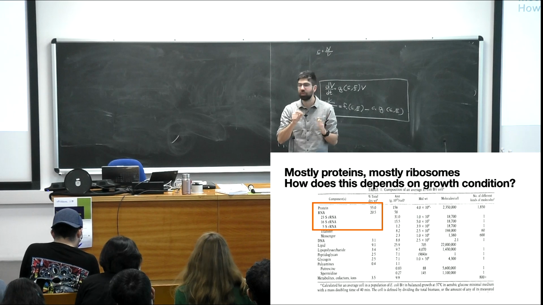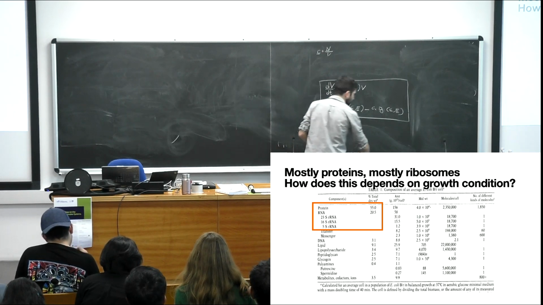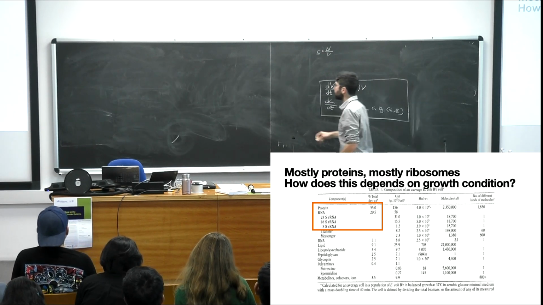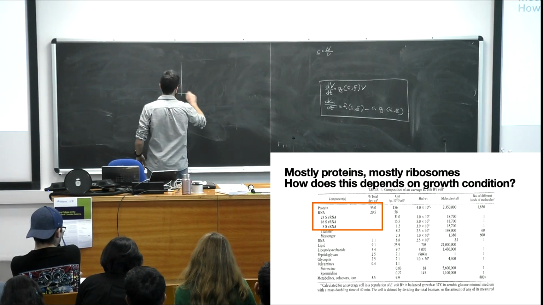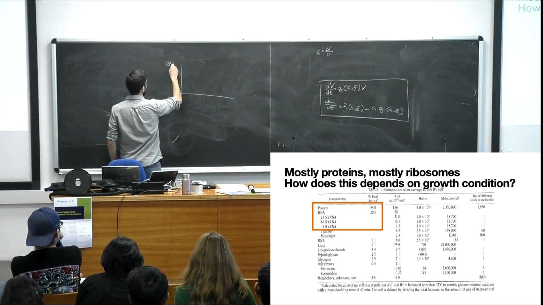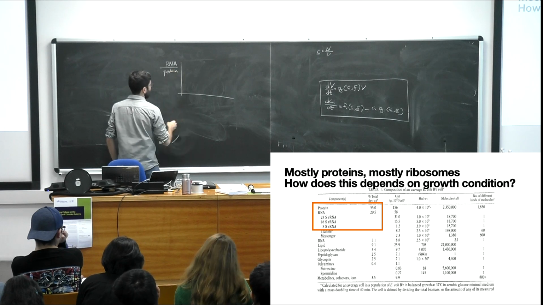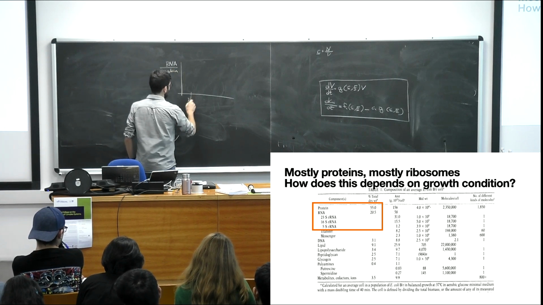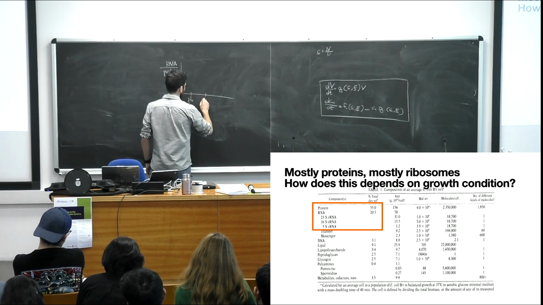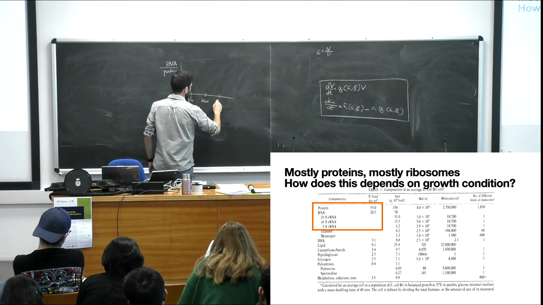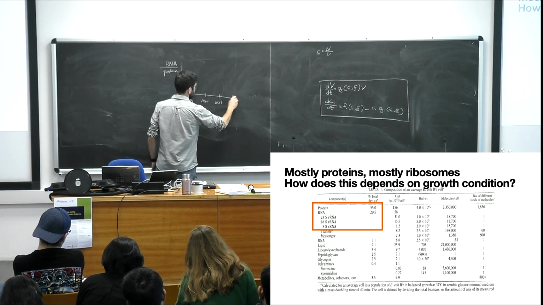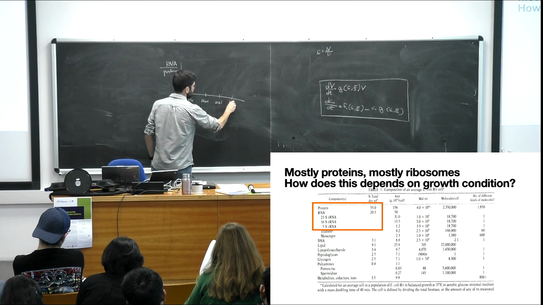I can do a plot where I say RNA to protein, and here I have glucose, here I have mannose, here I have maltose, here I have lactose.